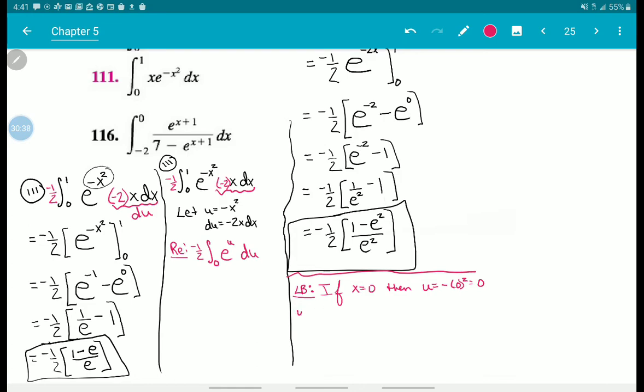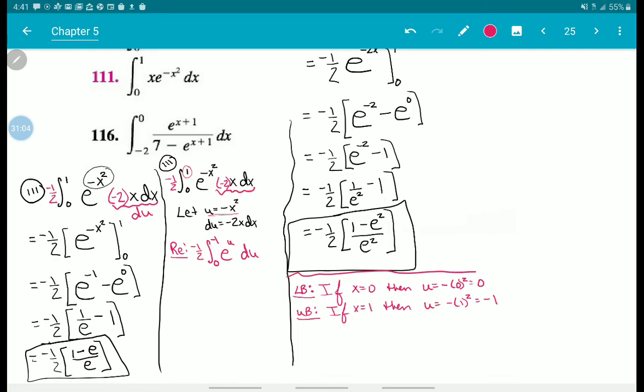Let's check out what the upper bound does. So in the original, that upper bound was 1. But when we substitute that into our negative x squared, then we're going to get a negative 1 out.